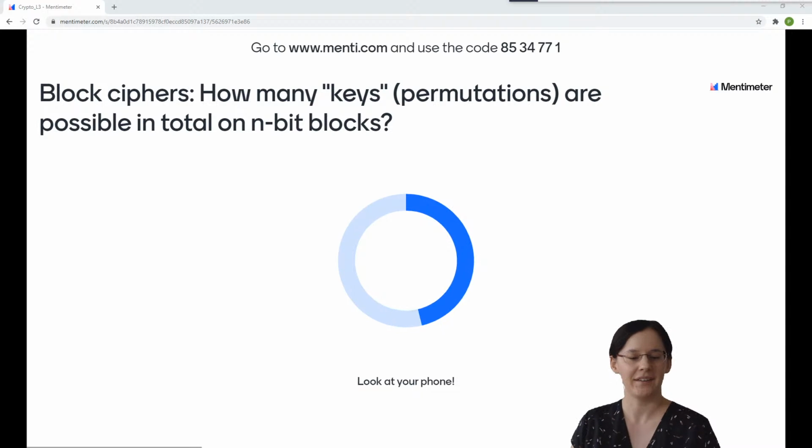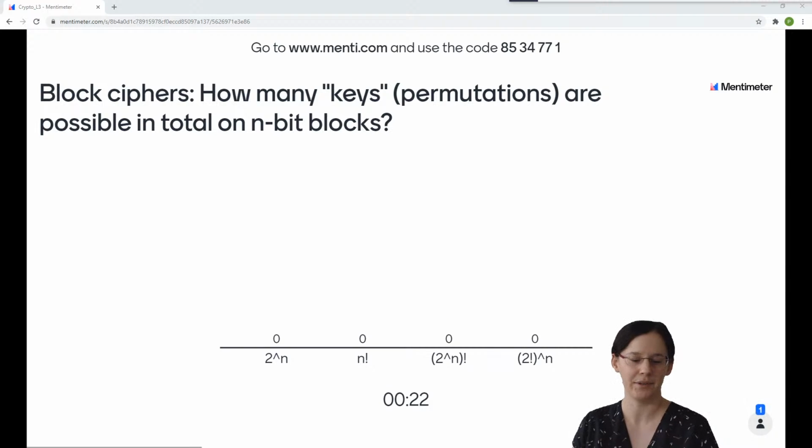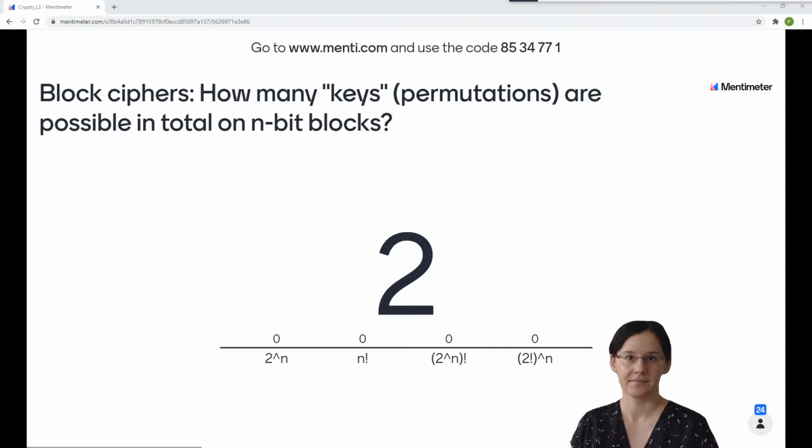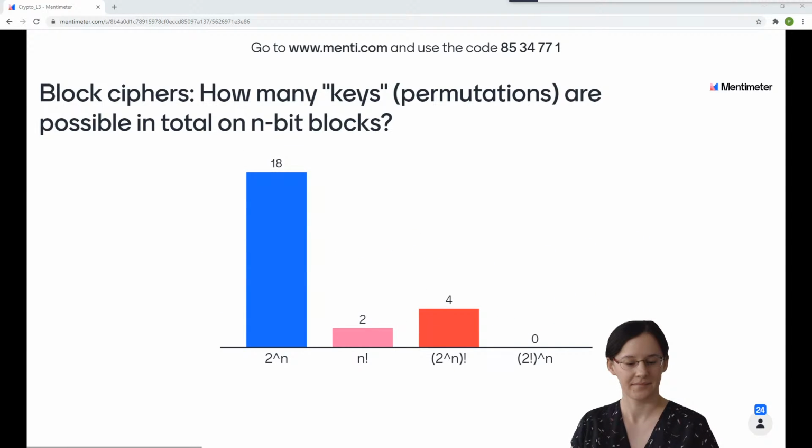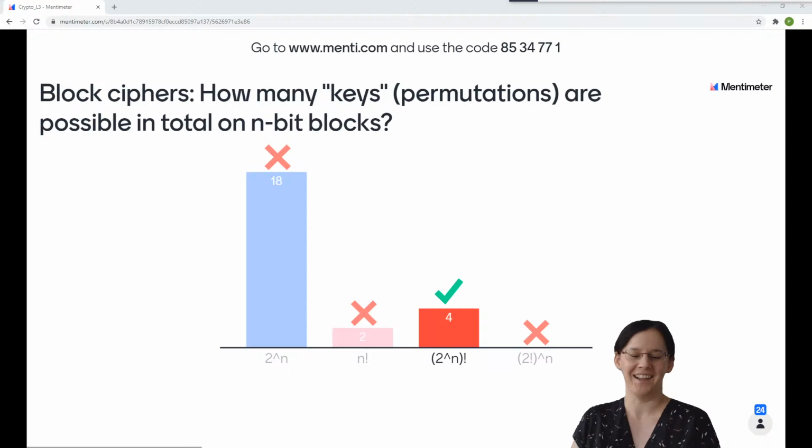How many keys or permutations are possible to construct if you're looking at n-bit blocks? Here you get a little bit more time to answer. Oh, okay.